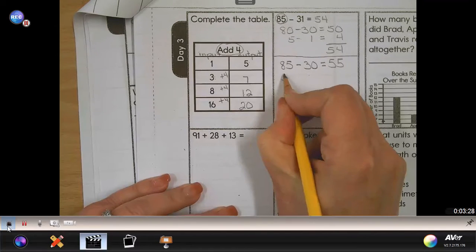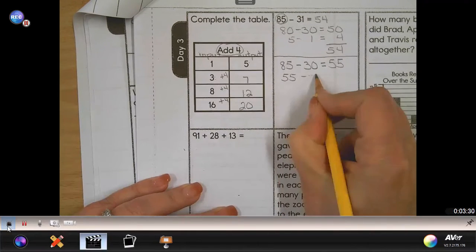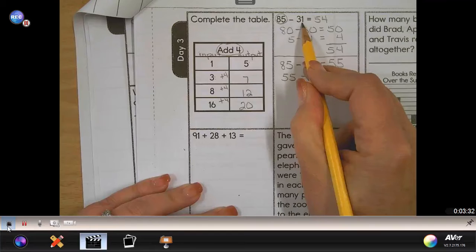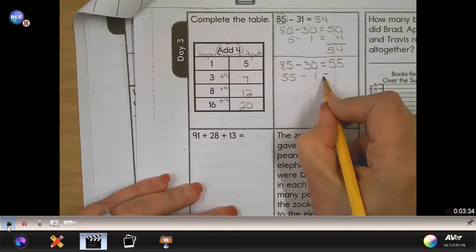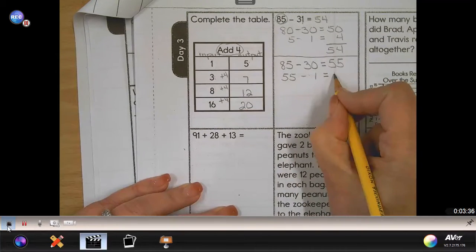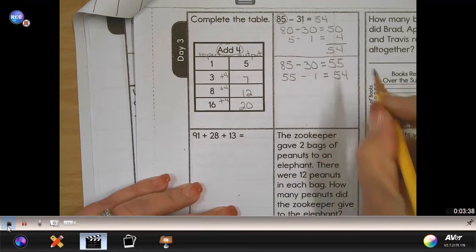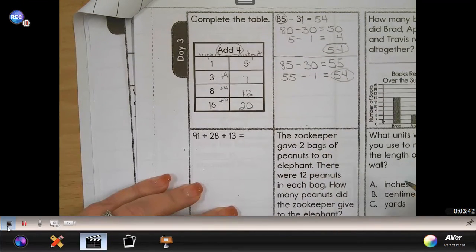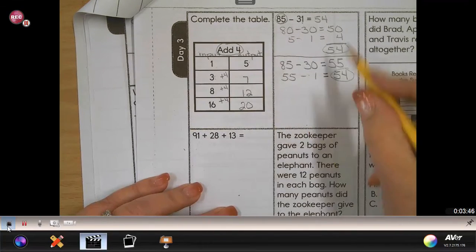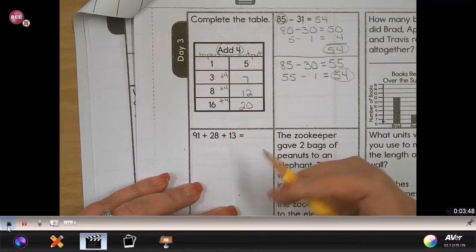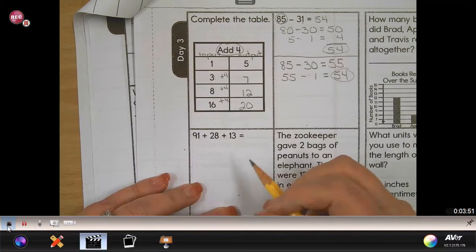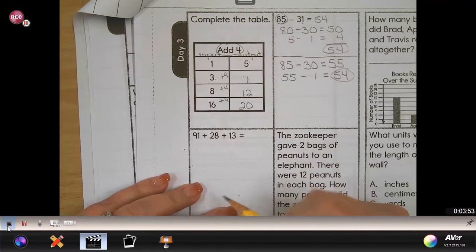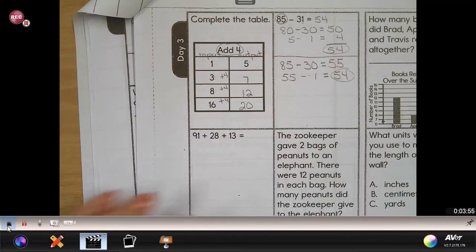Then we would take 55 and subtract 1 more from this 31. So we're subtracting that 1. And of course that would give us 54, making sure that your differences are the same. That's what we call the answer to a subtraction equation. So 2 possibilities that you have there in order to subtract using some mental strategies.